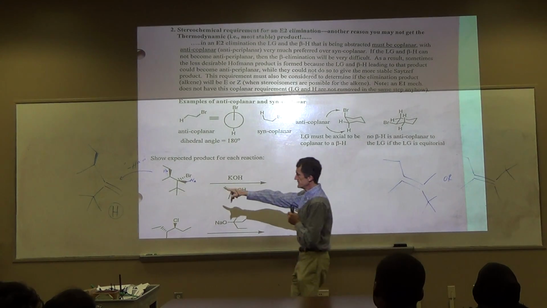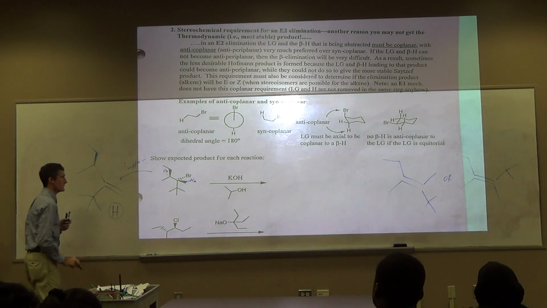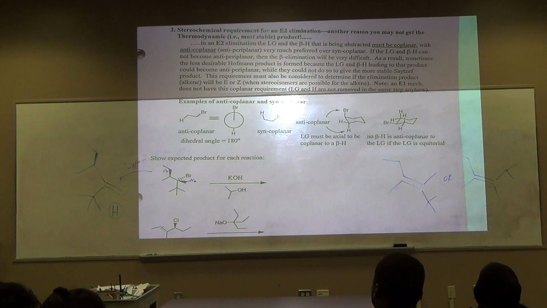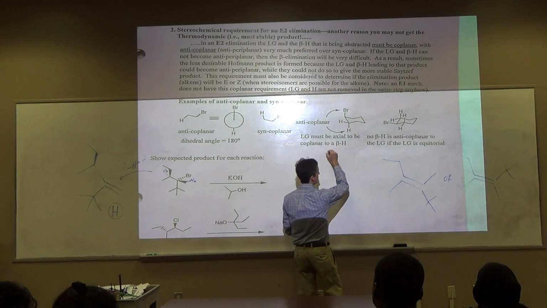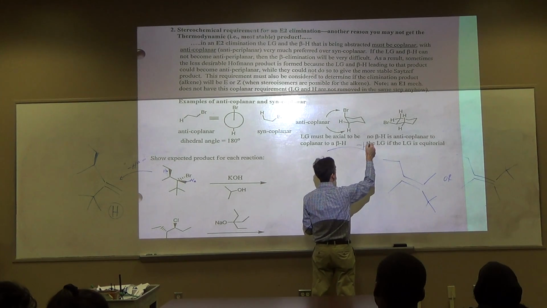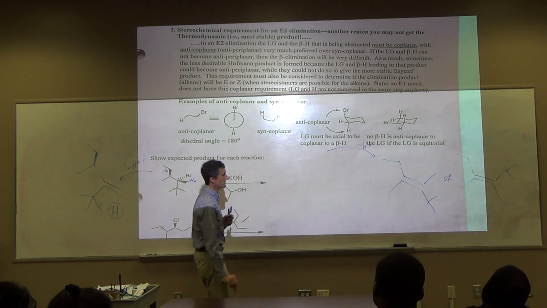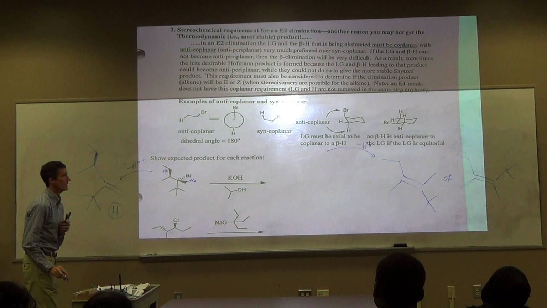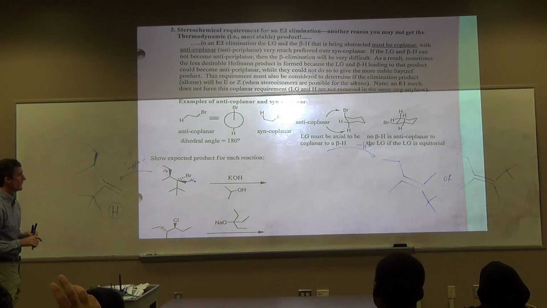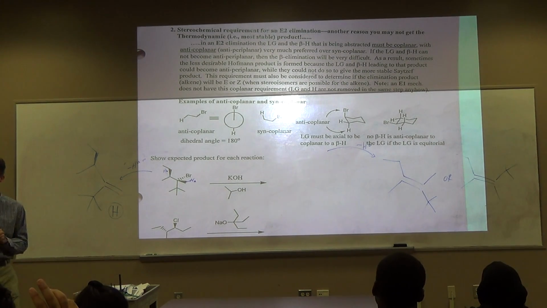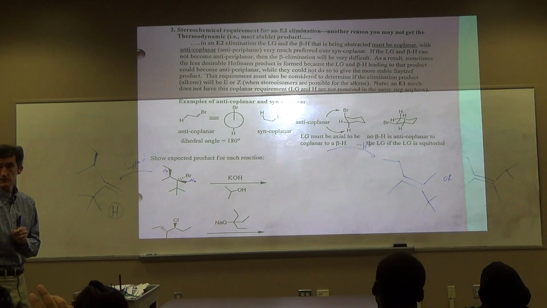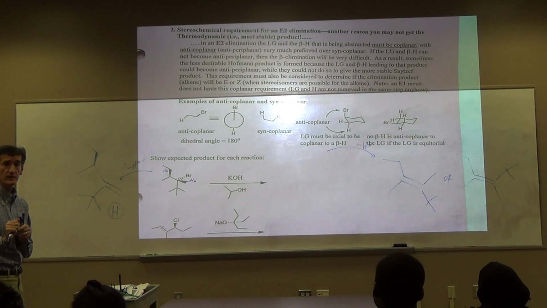That alkene is not stereogenic. So this would be minus HB. Okay, there's the 3 theoretical products, I think. Anybody see something else? Another possible elimination product?